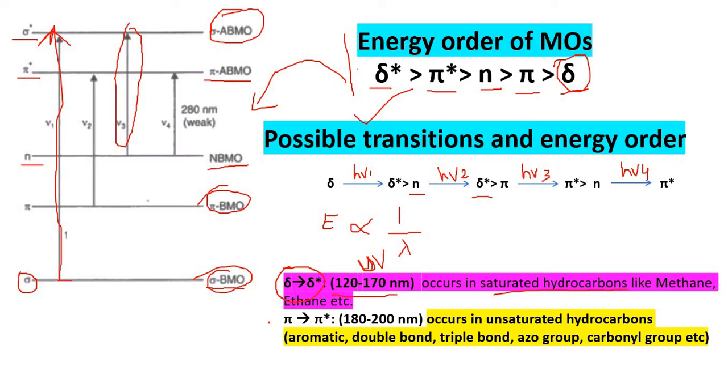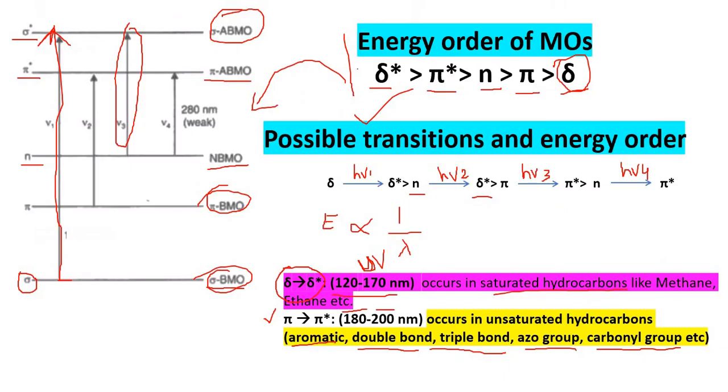Then the next transition is pi to pi star. It requires a wavelength of 120 to 200 nanometers, and this occurs in unsaturated hydrocarbons, like aromatic compounds, any double or triple bonded molecules, azo compounds, carbonyl groups, etc. All these show the pi to pi star transition.